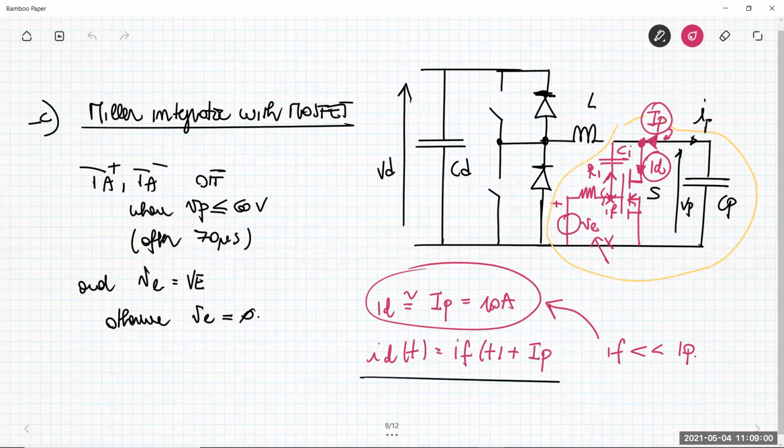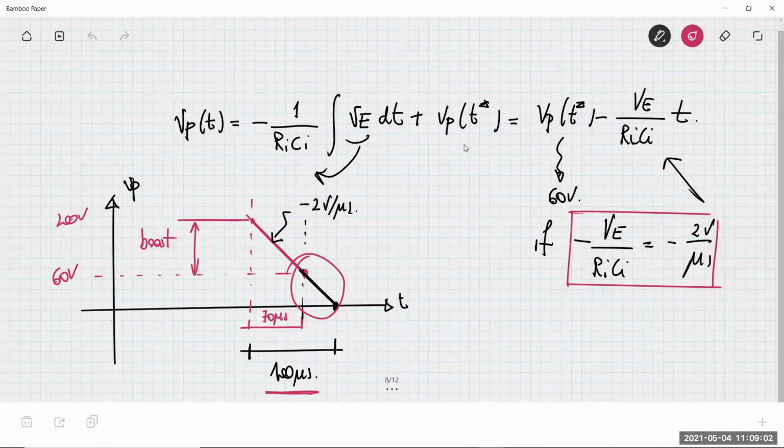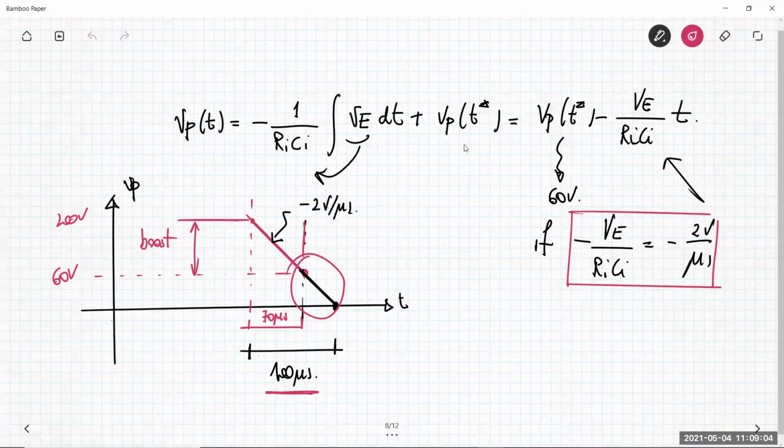Remember that I have to turn on my MOSFET exactly here, when the voltage across the capacitor CP is lower than 60 volts, so when the boost action is the most effective.